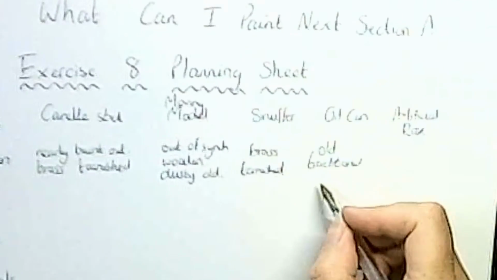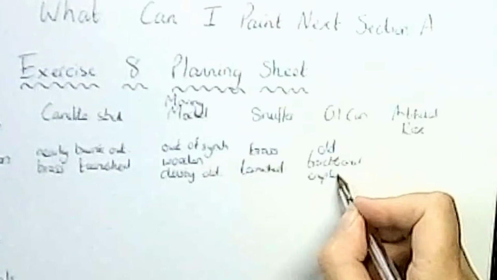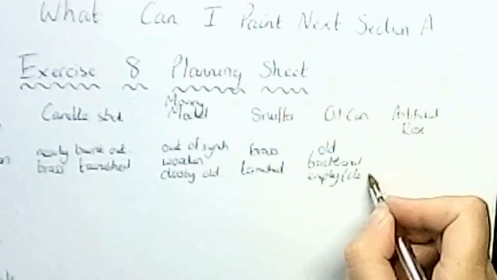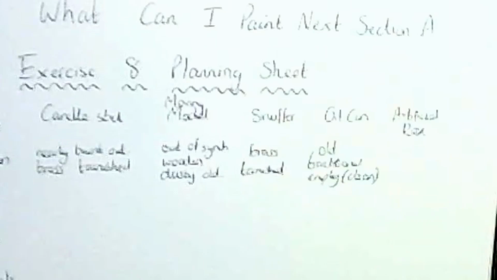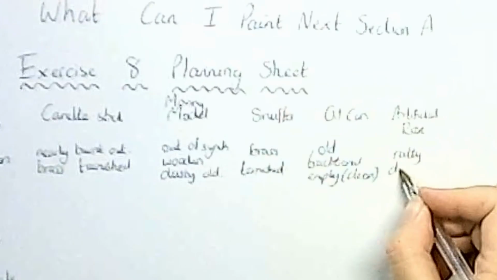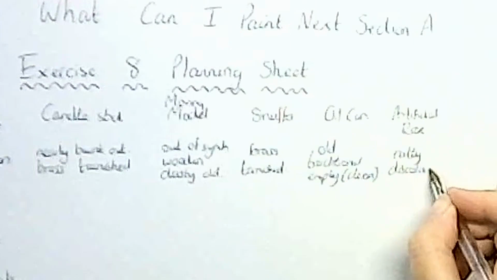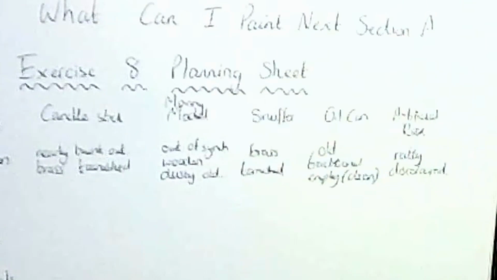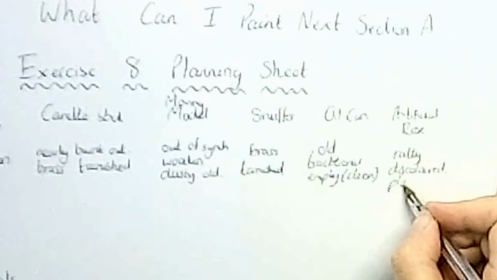It's clean, it's empty. I'm going to put clean in brackets. There's no oil in there. Artificial rose: ratty, discoloured, plastic.